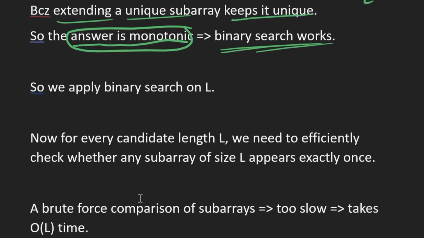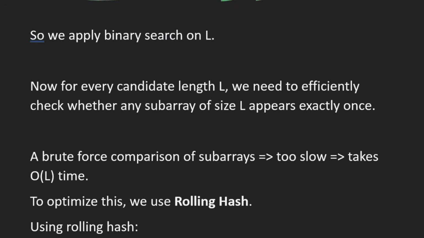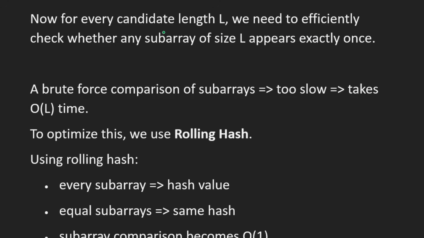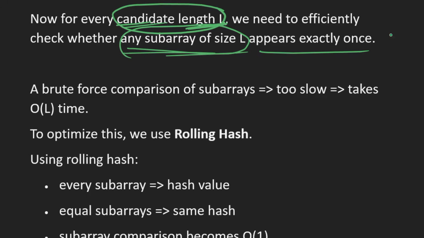What we'll do is apply binary search on length L. We'll take every candidate subarray of length L, and then check whether there is any subarray of size L which is appearing only once.